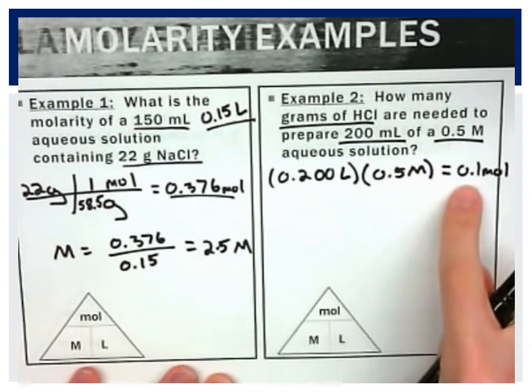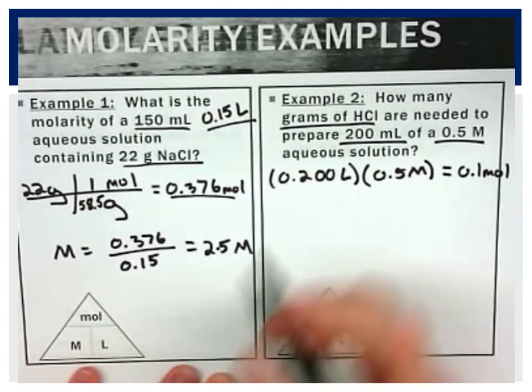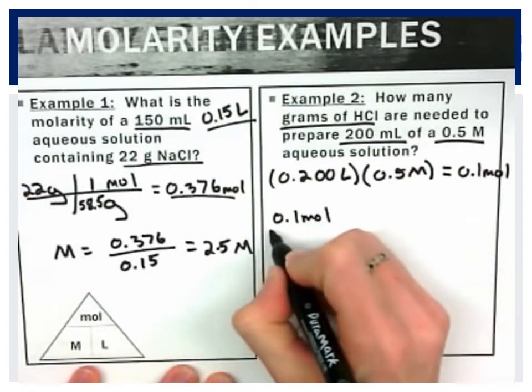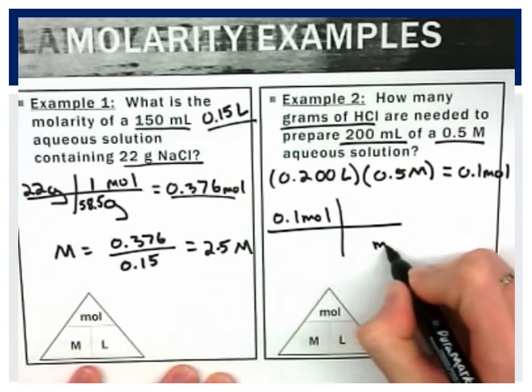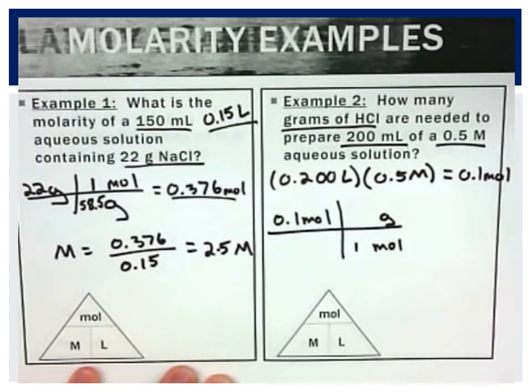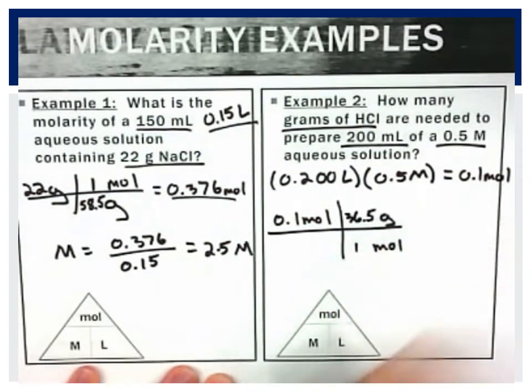Okay, I have 0.1 moles. I want grams of hydrochloric acid. I'm going to take 0.1 mole and multiply by the molar mass of hydrochloric acid, which is 36.5.